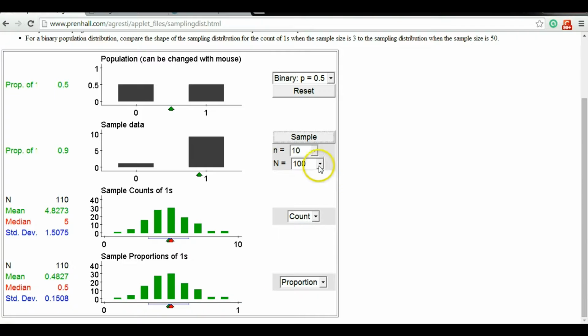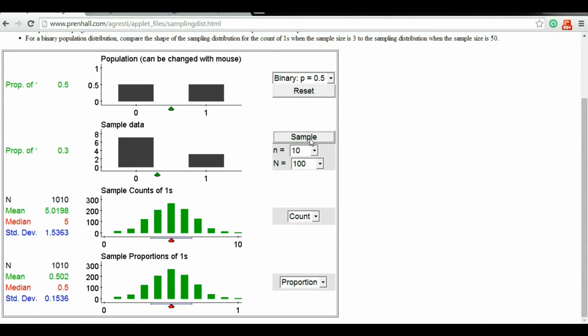Okay, and then we're going to add some more samples. We have 110 here, so I'm just going to keep doing it, and let's go up to about 1,000. So we did 1,010. Look what happened to our distribution.